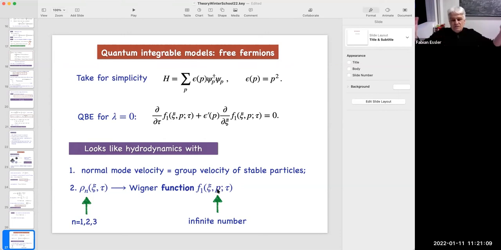Now in the thermodynamic limit, this basically corresponds to an infinite number of modes, because your particle can carry any momentum. So it looks like hydrodynamics, but a weird one.